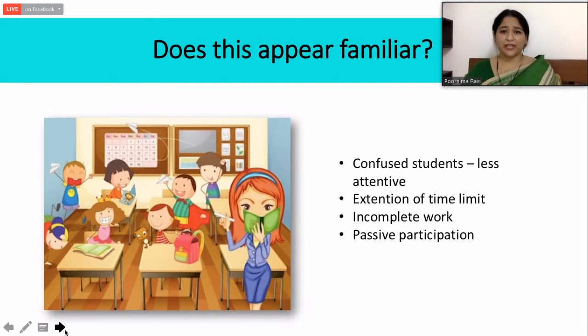Well, the reasons for these issues could be many, but one of the reasons is as simple as ineffective classroom instruction. So let us look at ways to address this issue and ensure that we can identify ways to solve these issues.